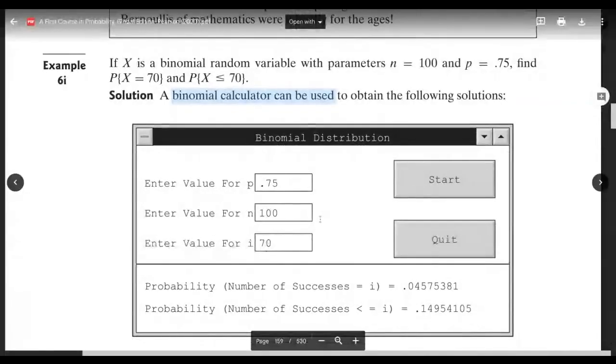Interesting. Maybe I can find such calculators or apps to do this. But for us, we could do this by hand.